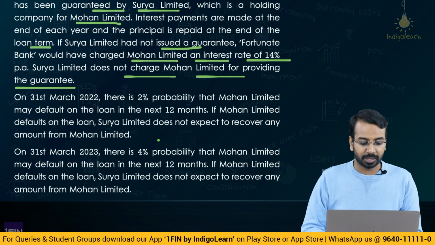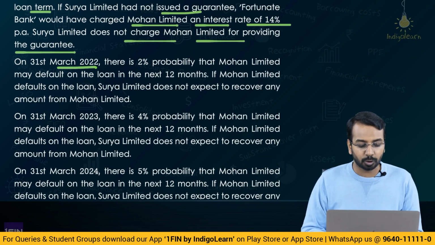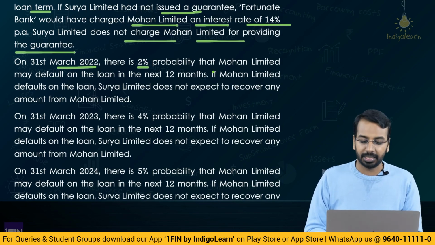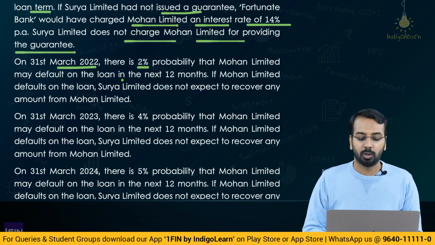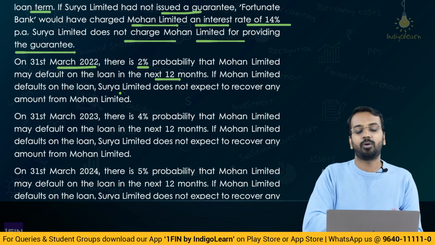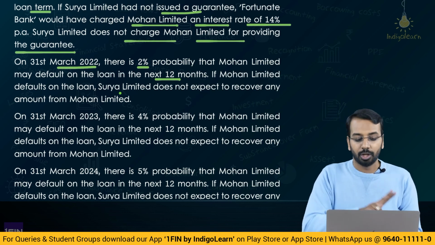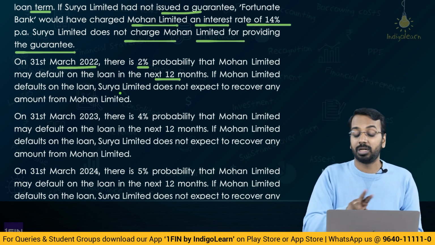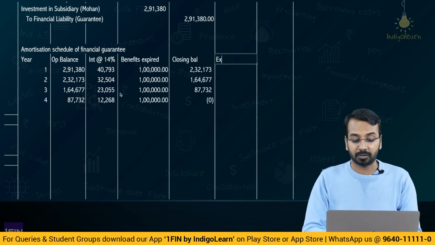Okay. So, coming back, the difference between 291 and 232 is recognized as a gain, but then we have to also see the question which says, on 31st March of 22, there is a 2% probability that Mohan Limited may default on the loan in the next 12 months. If Mohan Limited defaults on the loan, Surya Limited does not expect to recover any amount from Mohan Limited. So, 2% is the probability that Mohan Limited will default. So, what is the expected loss?